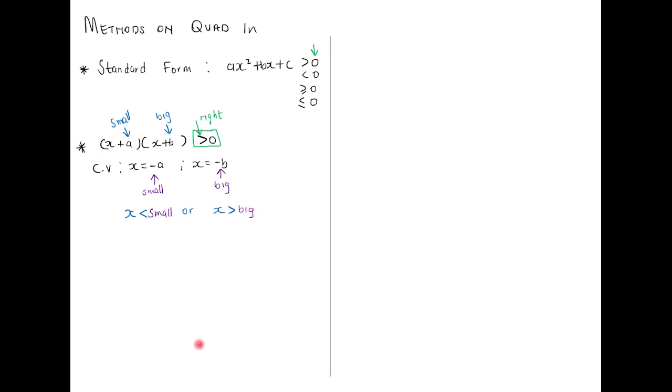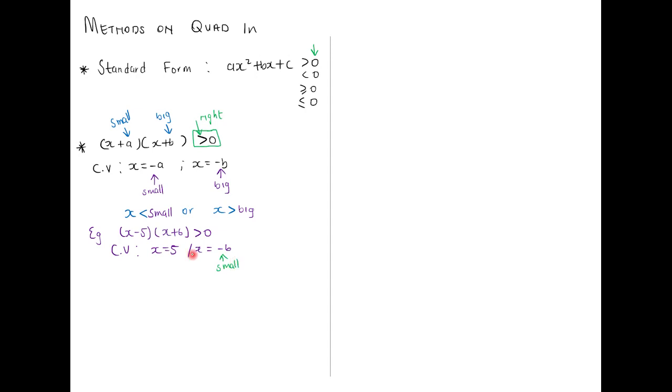So let's make an example. Let's say this was x minus 5 times x plus 6 is greater than 0. Then your critical values are x equals 5 or x equals minus 6. Here we can see that 5 is big and minus 6 is small.